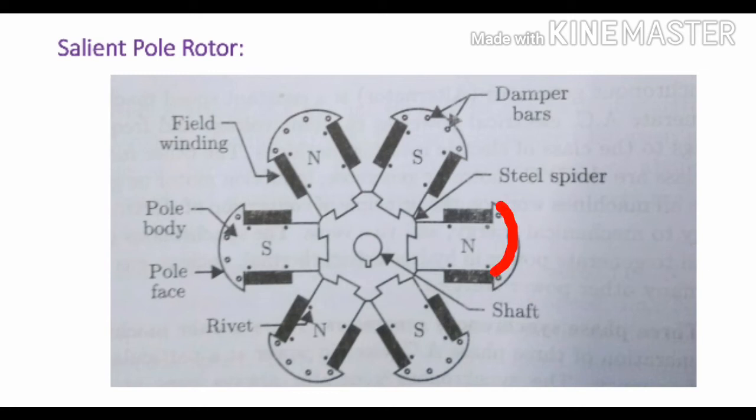These conductors are short-circuited on either side. These rotor conductors which are short-circuited on either side are called the damper windings. Damper windings are helpful in overcoming the oscillations of the rotor when the load changes drastically.